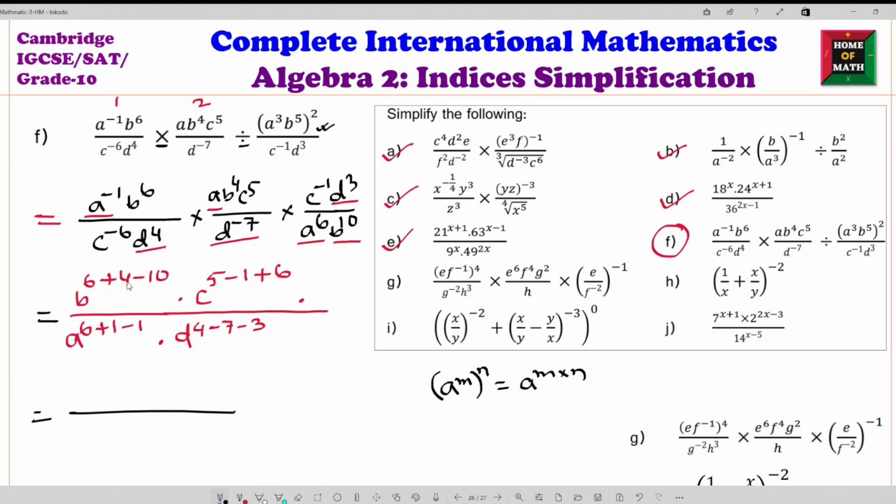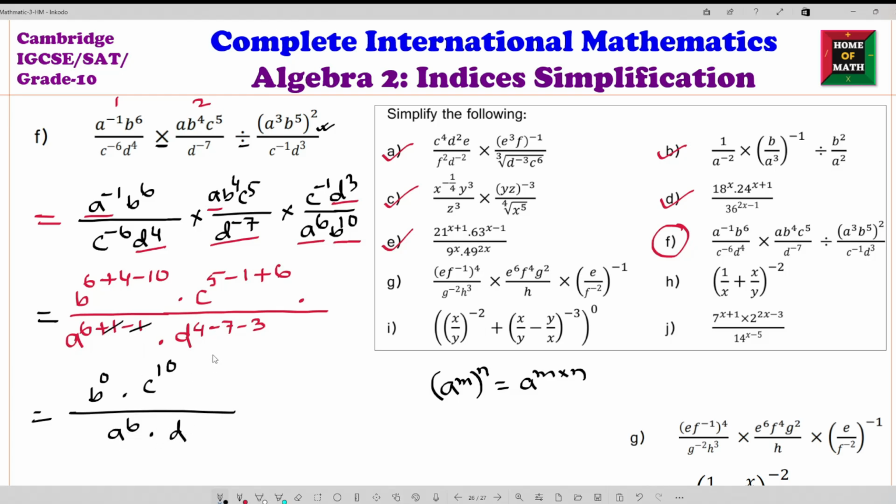Now look, 6 plus 4 minus 10 means b to the power 0, and here 5 plus 6 is 11, 11 minus 1 will be c to the power 10. Here for a, plus 1 minus 1 out, it means a to the power 6.